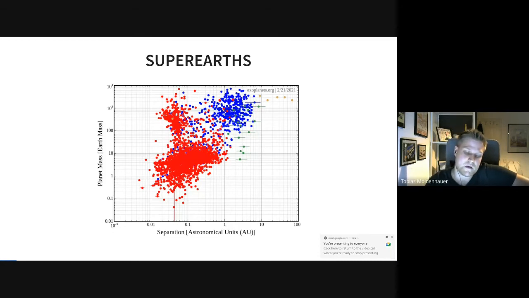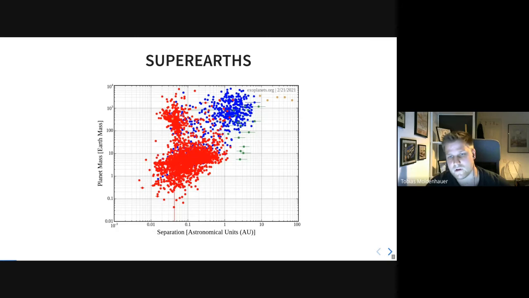And then below those 2 groups, you have a large group, the so-called super-Earths and mini-Neptunes. Those are closely orbiting rocky planets of several Earth masses. Depending on their envelope content, they're called either super-Earths or mini-Neptunes. But what you can see is that this group is very large.